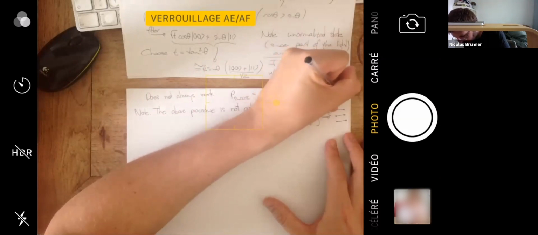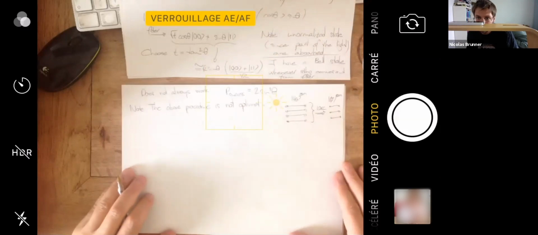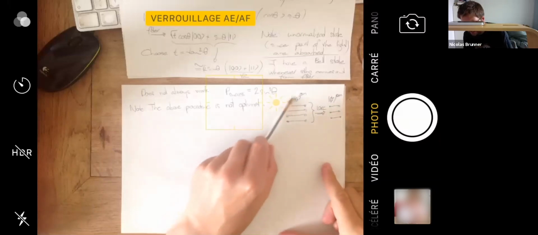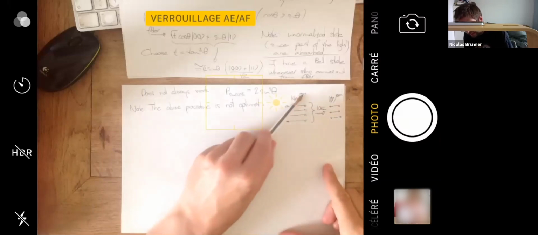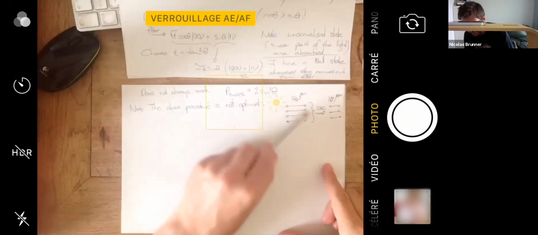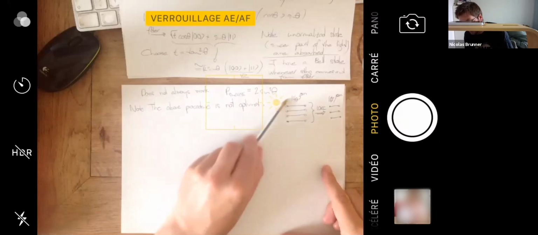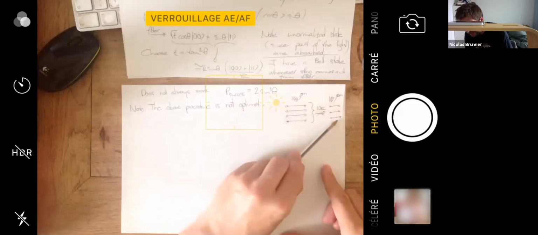So the difference is that now I process n copies of my imperfect state, and I try to make out of these n copies, m copies of a Bell state.